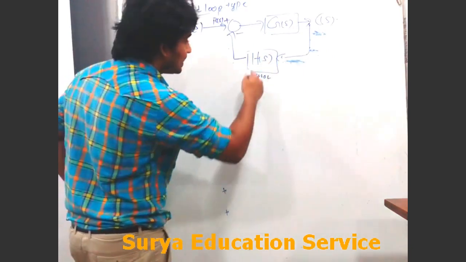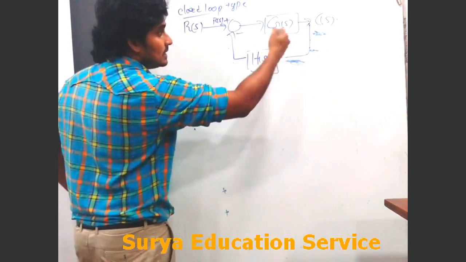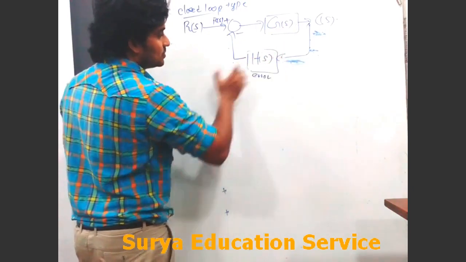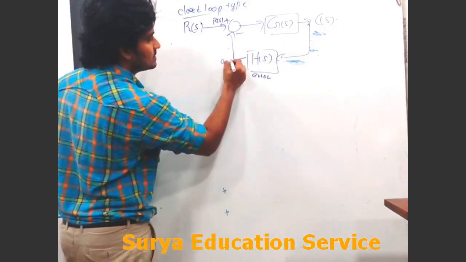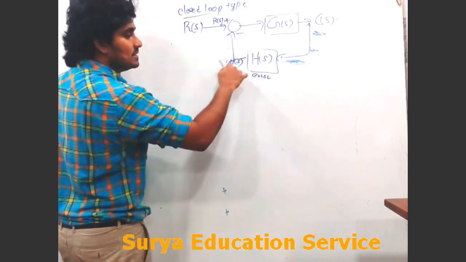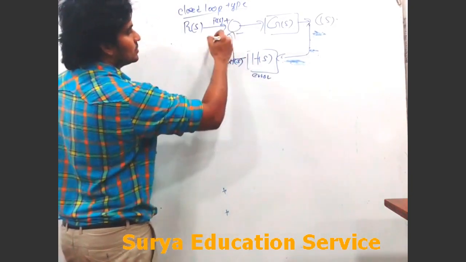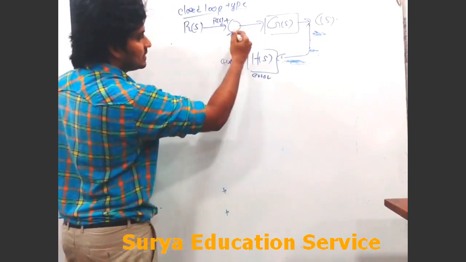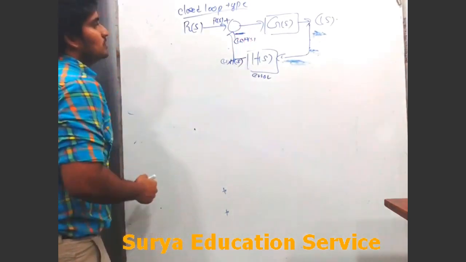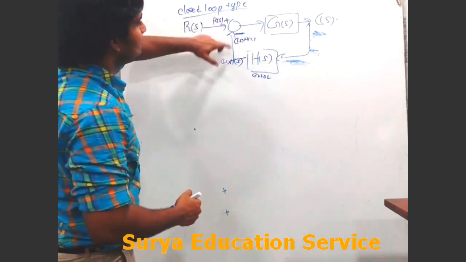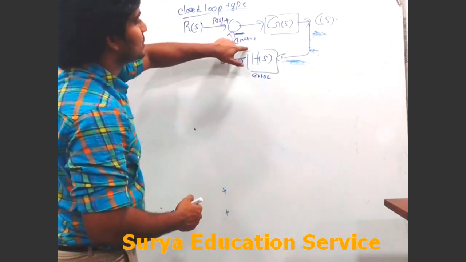So when the signal passes from here, it goes through this Hs, and the result we have here is Cs times Hs. So here we have positive Rs, and here we have minus Cs Hs.